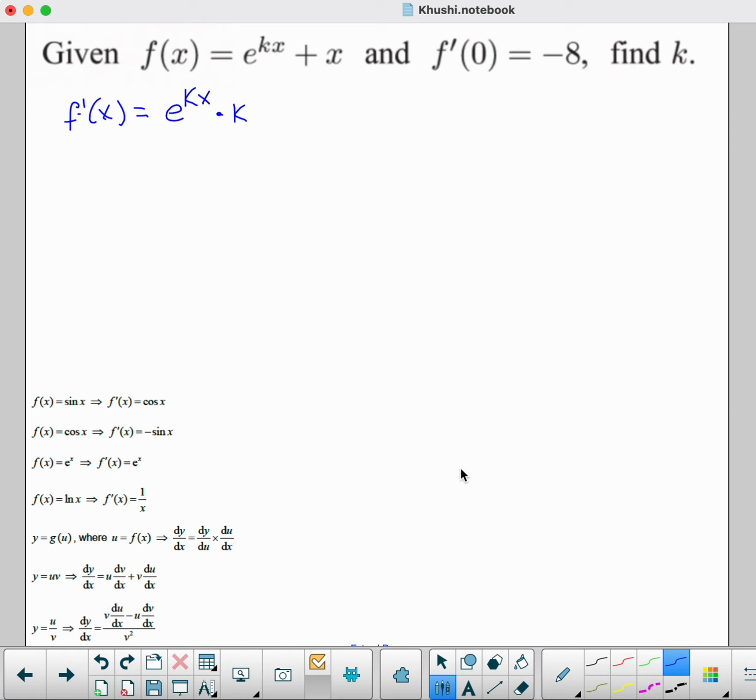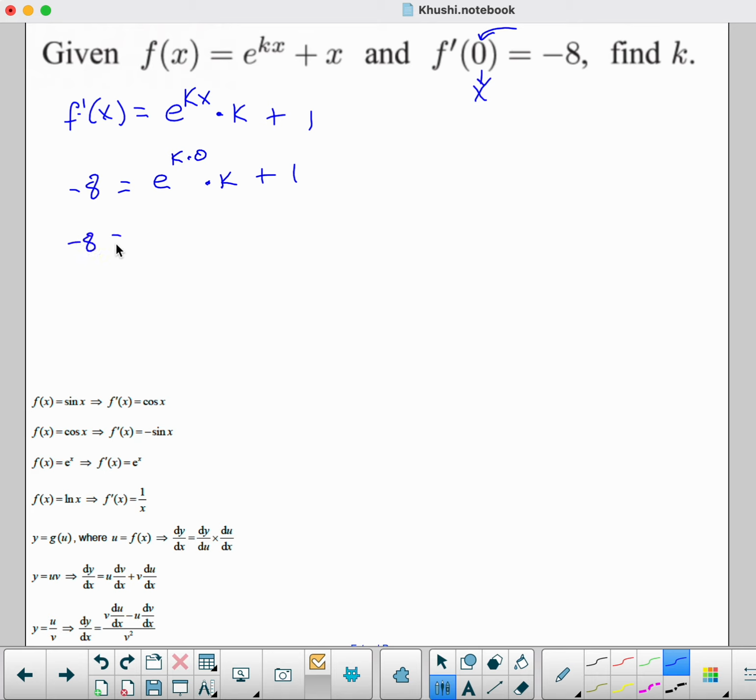So e to the kx times k plus the derivative of x, which is 1. Now, we know that f prime of 0 is equal to negative 8. That means if I plug in 0 for x, the result is negative 8. So negative 8 would equal e to the k times 0, times k, plus 1.